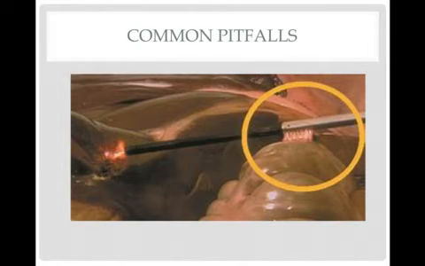Again, we have to always make sure that we're operating in a closed circuit, otherwise diathermy will unfortunately find another way to travel, as in this case here, where you can see that it's causing thermal damage on the bowel.